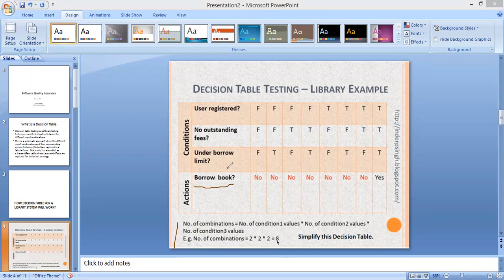Either the user will cross the borrow limit or will not. Each of these has two values based on our software requirement specification document. Through this formula, 2 times 2 times 2, we figured out that the total number of combinations would be 8. 1, 2, 3, 4, 5, 6, 7, 8. We have got 8 possible test cases which we had created earlier when we were creating the test cases based on the SRS.